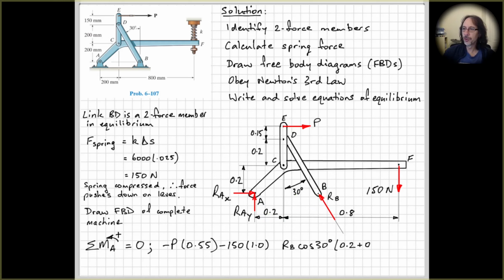So I've got 0.2 plus 0.4, and 0.4 is this distance up here, so we need to do a little bit of trigonometry. So remembering that tan theta equals opposite over adjacent, and we have a little triangle here. Right, so we know the vertical distance here, 0.4, and we need to know this distance here.